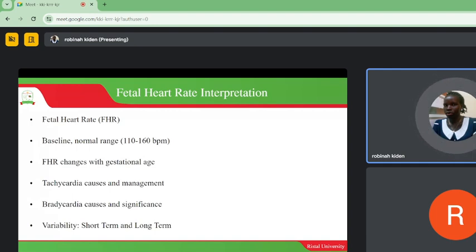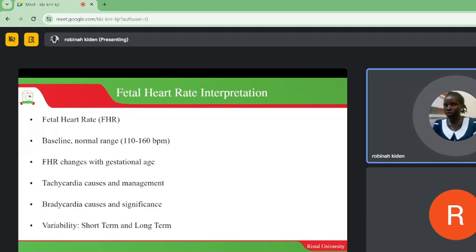Then bradycardia causes and significance. Bradycardia also refers to the heartbeat for the fetus which is lower than 110. So what does it signify when this happens, and which action has to be taken immediately when this happens? So both of them, be it tachycardia or bradycardia, are signs that the fetus is really distressed.